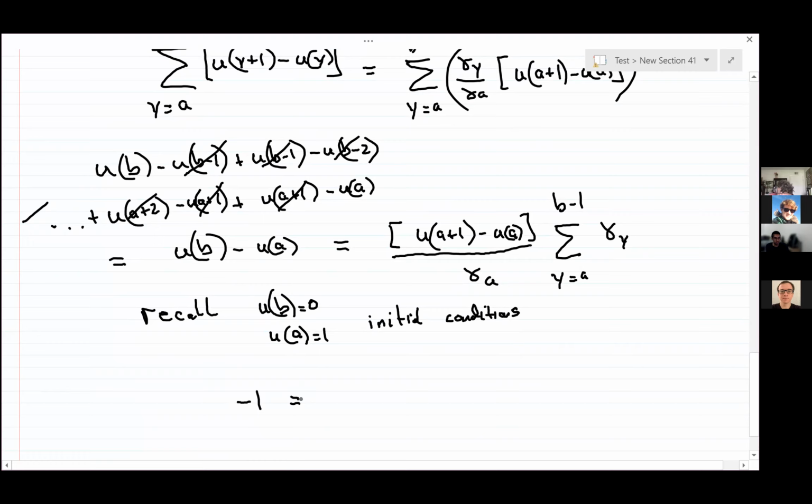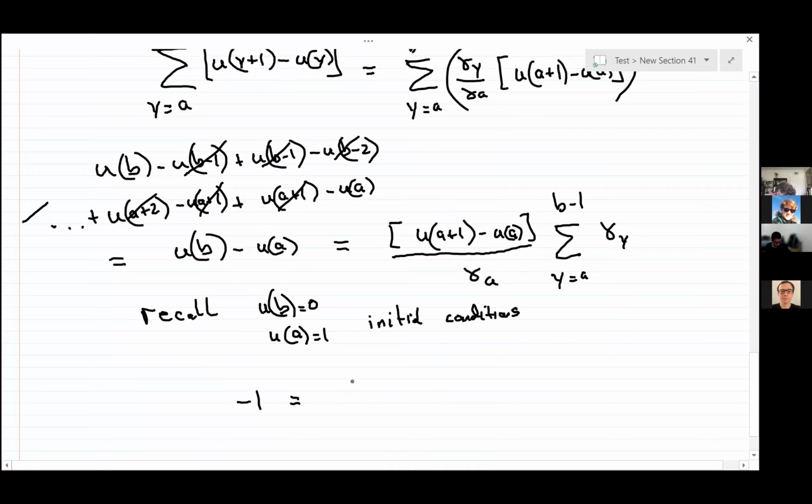What about on the right side? Well, let's see. The right side we just keep as it is. So let's just do that.